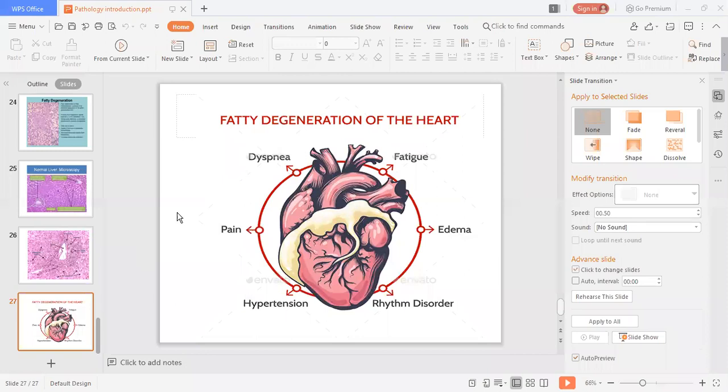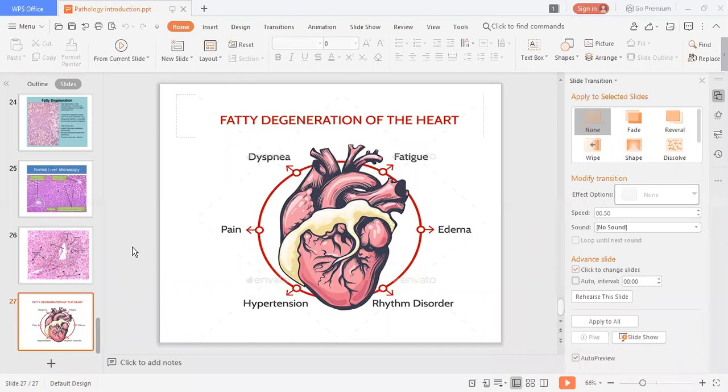In those conditions, the fat tends to be deposited away from the arterial blood supply, that is the hepatic arteriole, around the efferent veins, that is the hepatic venules.